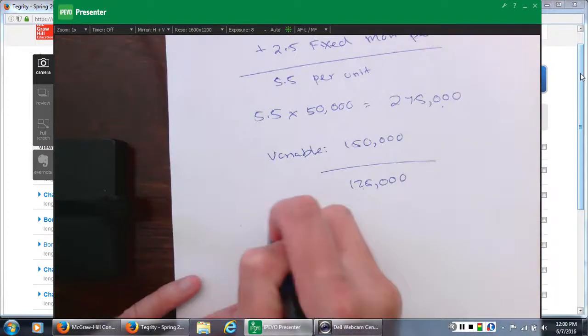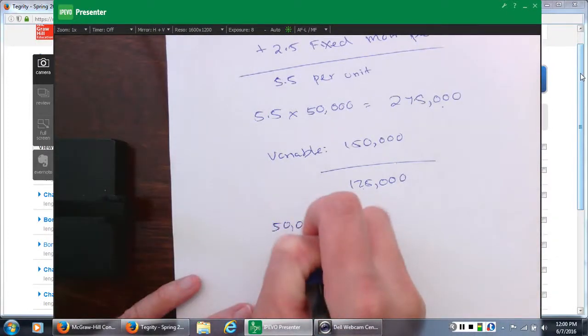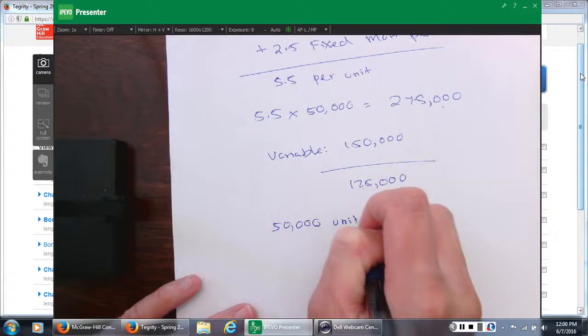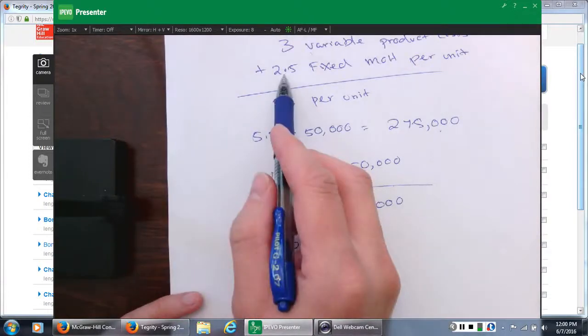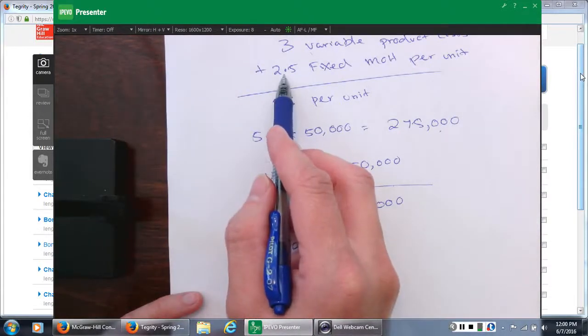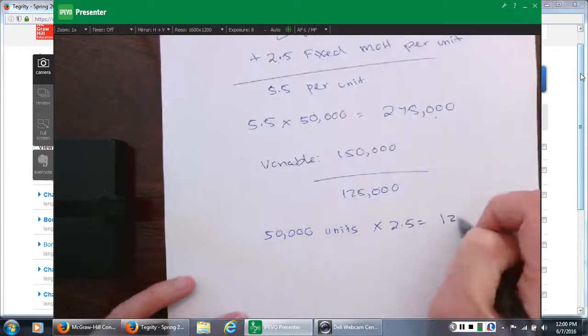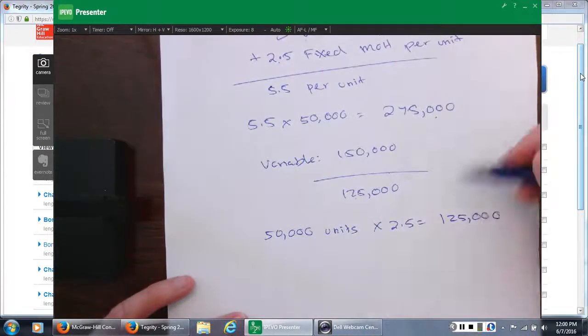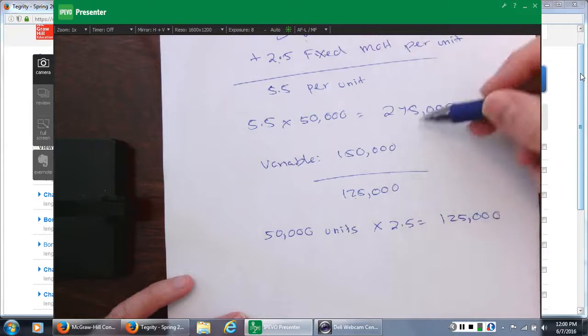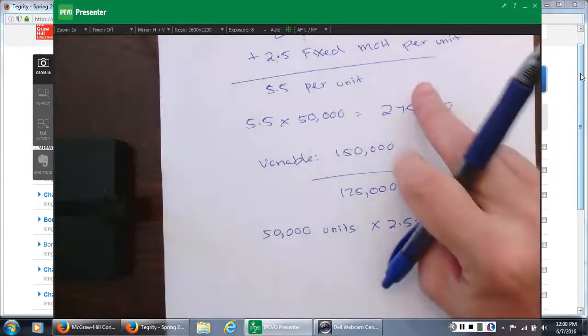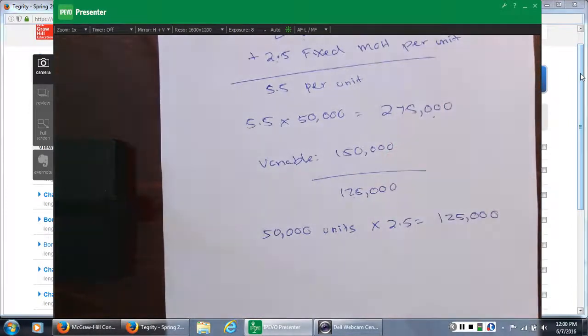We say how many units are in ending inventory, 50,000 units, times the amount of fixed overhead per unit, times 2.5, that gives us our 125, and that is also the difference between the two net incomes, which is also the difference between the two values of the ending inventory.